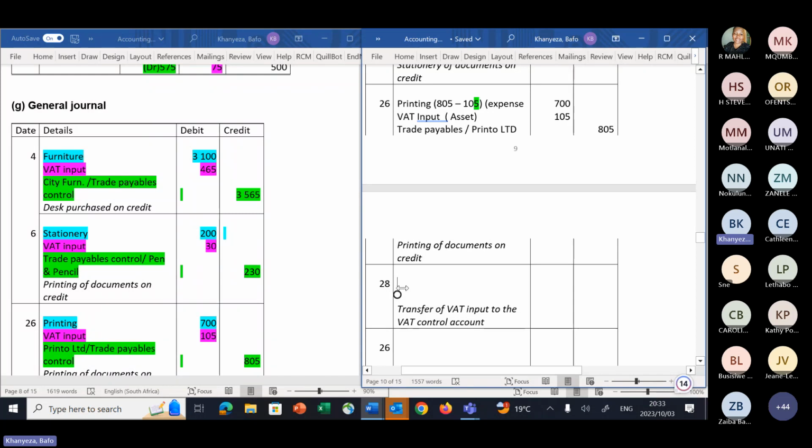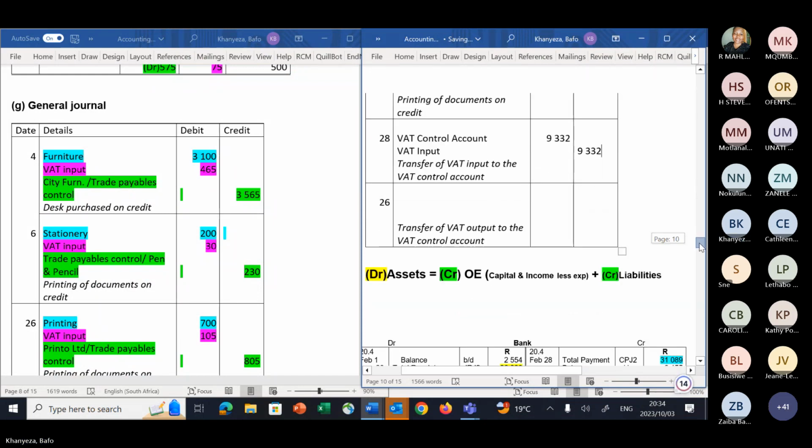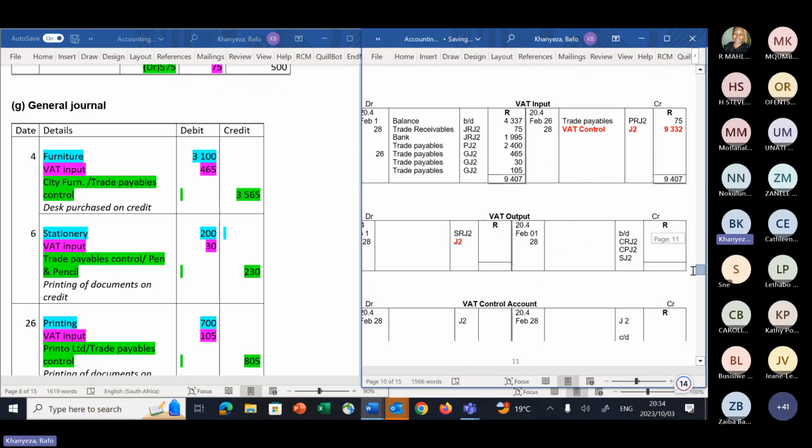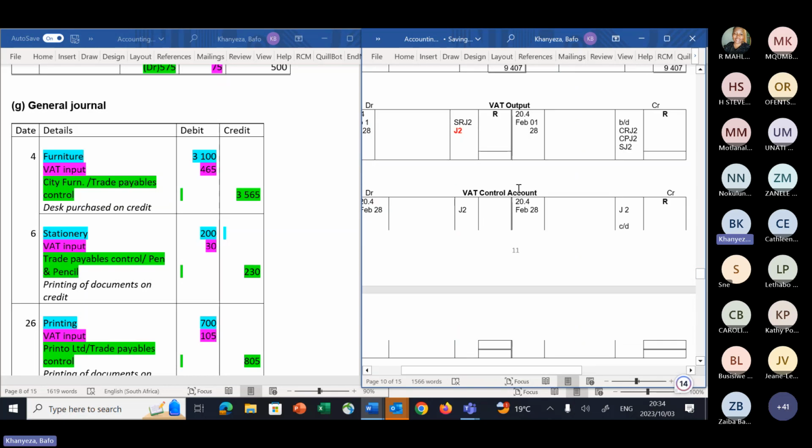Let's take that to the VAT control account, with the contra account of VAT input, 9332. So we are removing it from the input account to the VAT control account.